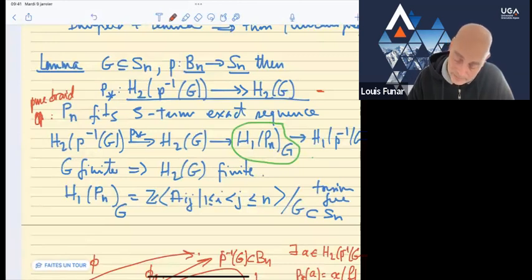And you have here an element which is H1 of Pn, and you take the G co-invariants.